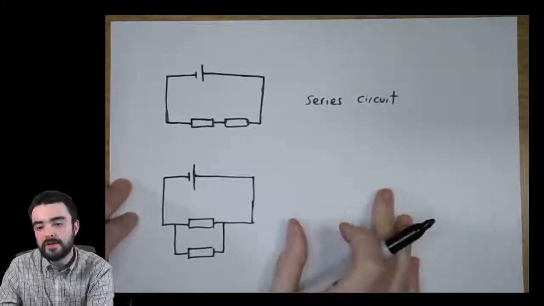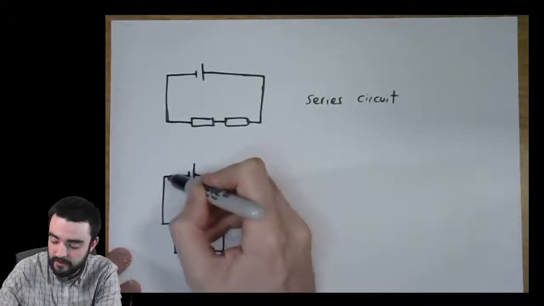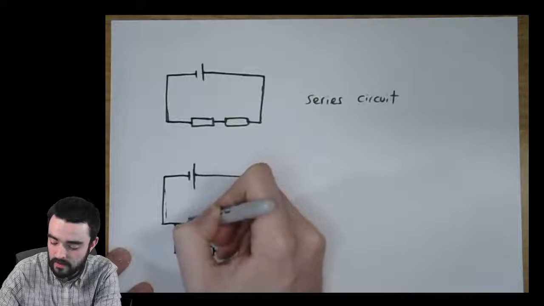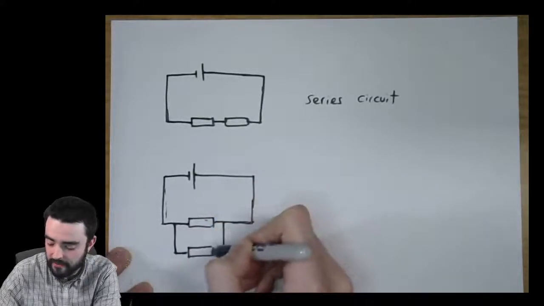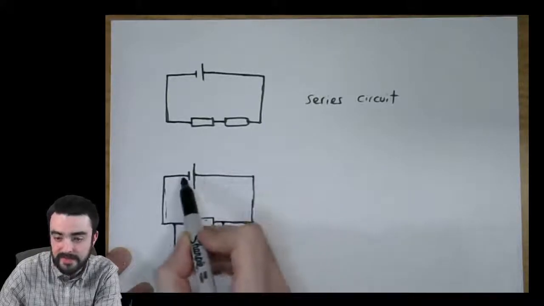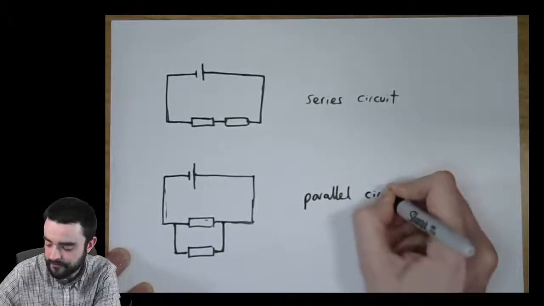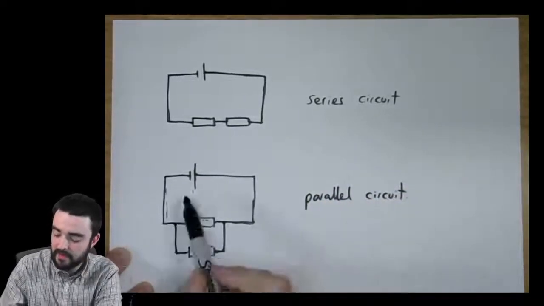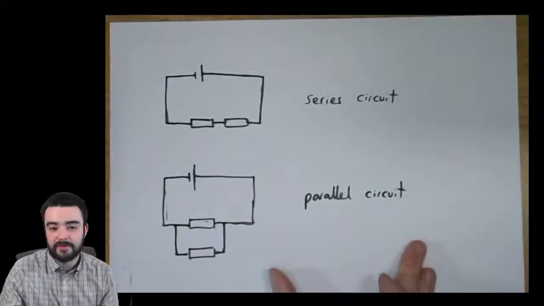So you know something is in parallel if you have to leave the page to be able to trace over everything without going back over it. We cannot do this in one consistent loop. So this is our parallel circuit. Again, we've got our power supply and we have two components, these being resistors.